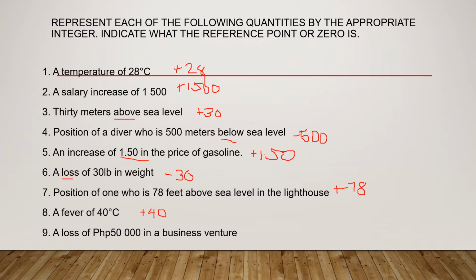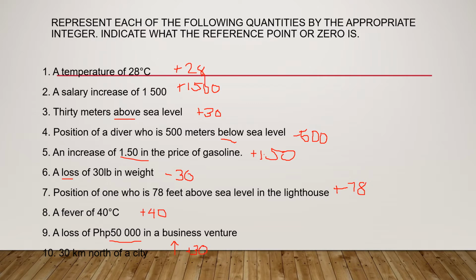Number 9, a loss of 50,000 pesos in a business venture. That is negative 50,000. And number 10, 30 kilometers north of the city. Sinabi natin north, it's going up. So, that is positive 30.